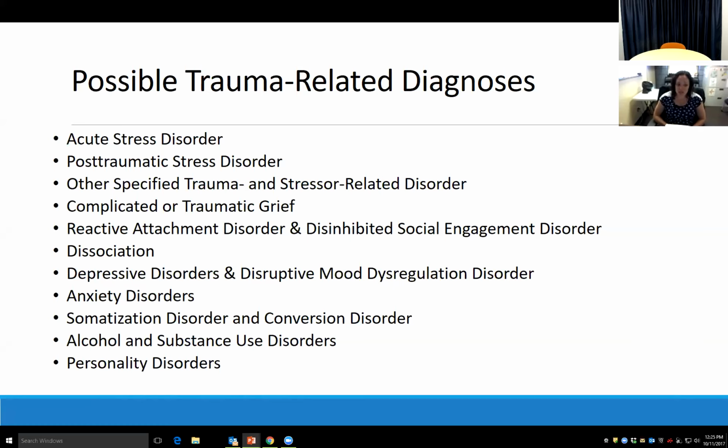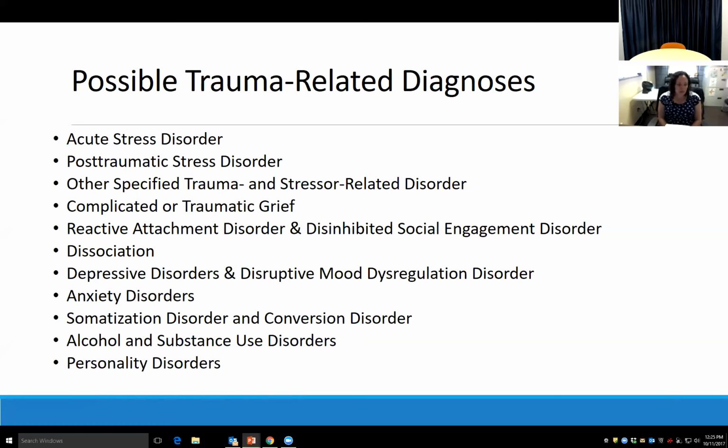Now, there are some disorders on here that many people experience and have not experienced trauma. So this is not to say these are trauma-only diagnoses, aside from the first 5, really. But as I mentioned before, many times people present with other diagnoses that are not the trauma diagnoses. So I wanted to list some of those.